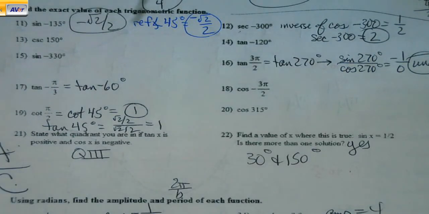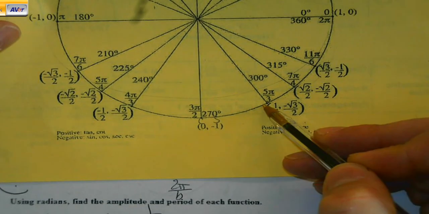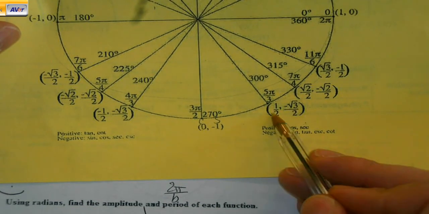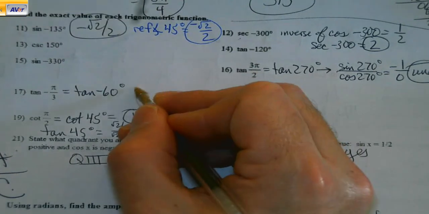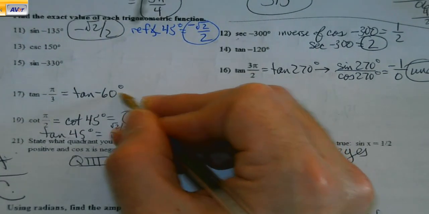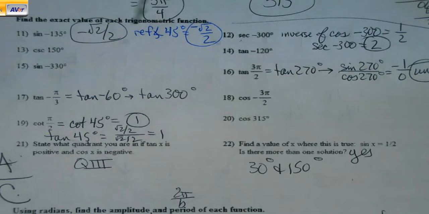Two options. We can either look at this from a reference angle point of view, or we could go, wait, negative 60. Okay, these guys. Cosine and sine. So tangent of negative 60 is the same as tangent of 300.